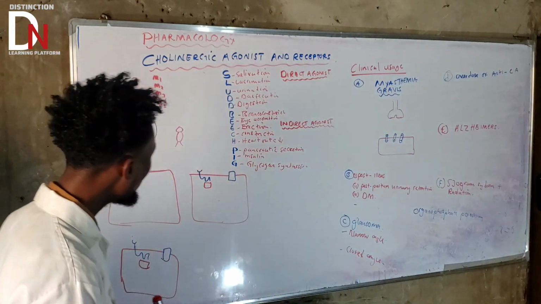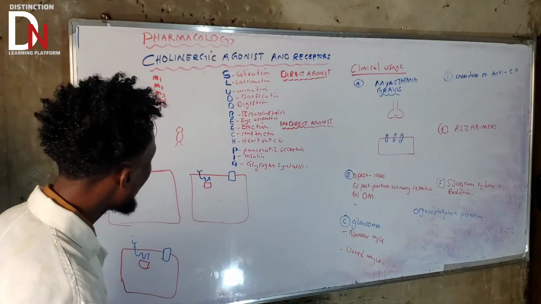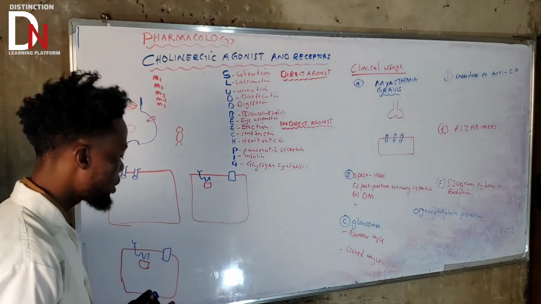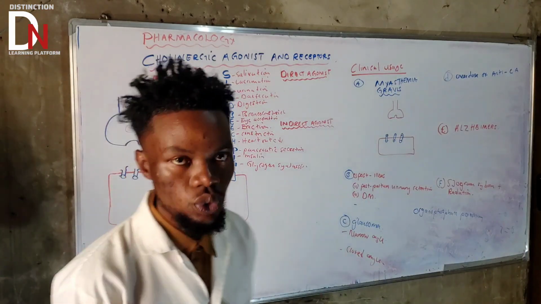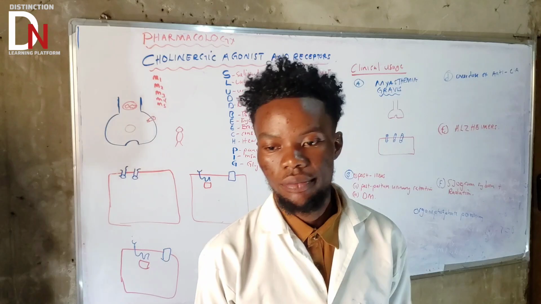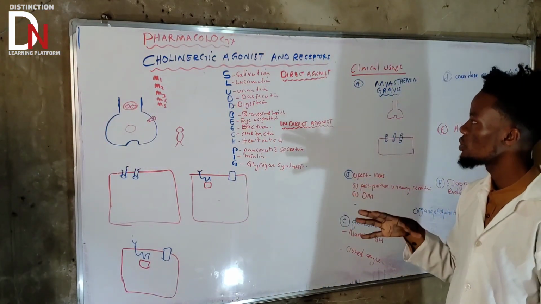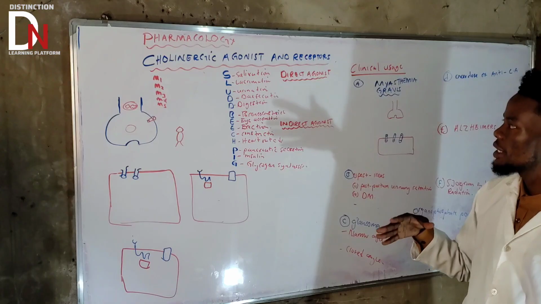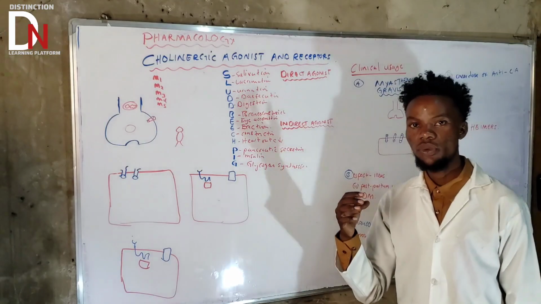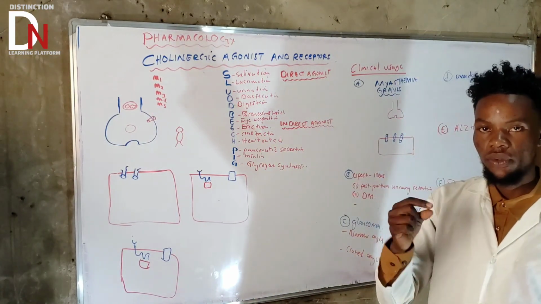Now there is also an important concept that you need to understand. If we talk about where the parasympathetic nervous system comes from, from the CNS, it has a certain flow which we call craniosacral outflow.